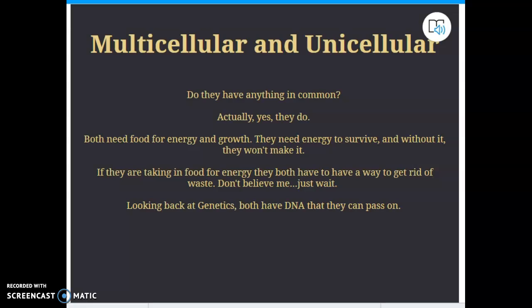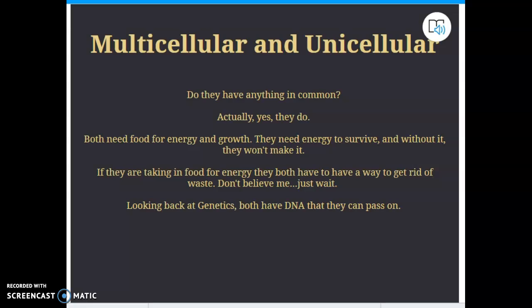So me and the euglena, the little teeny tiny euglena, we both have to have energy. If we don't have food, we're not going to make it. If we're taking in food, guess what? We have to have a way to get rid of it, right? Because as you eat food, your body can't use everything.